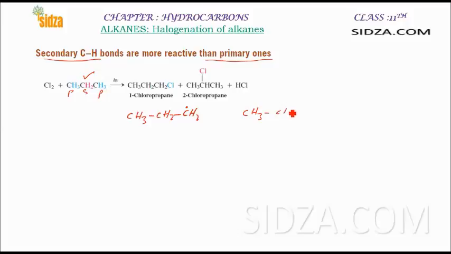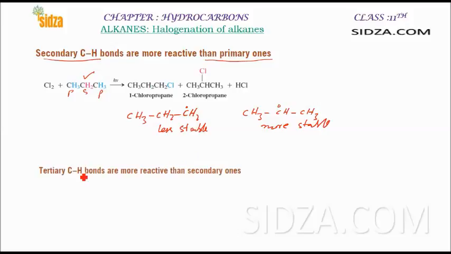We know the order of stability of the free radicals: tertiary is more stable than secondary than primary. So here a secondary free radical is more stable, and this is the less stable. That's why hydrogen abstraction from the secondary carbon is easier than from the primary one. So we get a conclusion: secondary hydrogen atoms are more reactive than the primary ones.